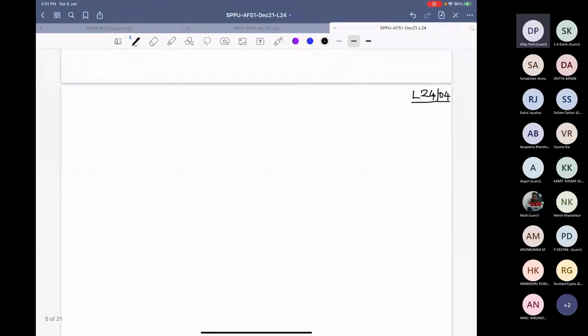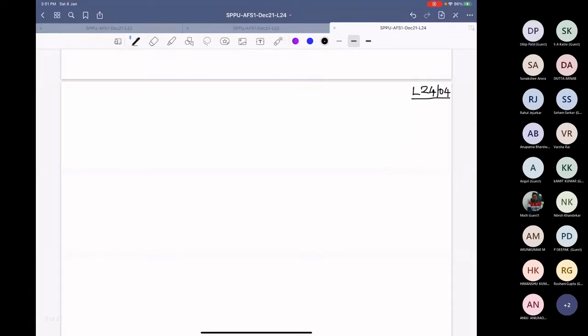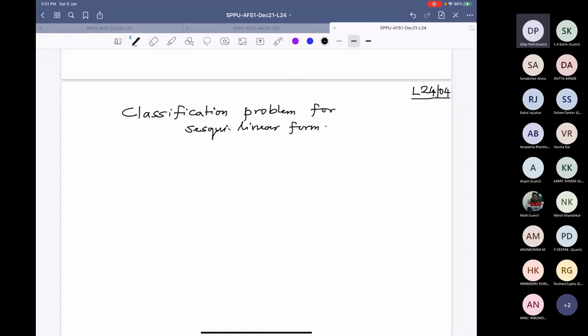All right, so now let us come back to classification. So this is a classification problem for sesquilinear forms. Again the same notation.